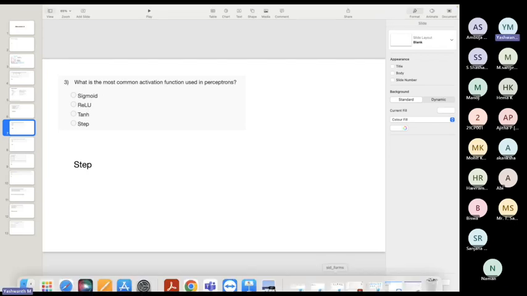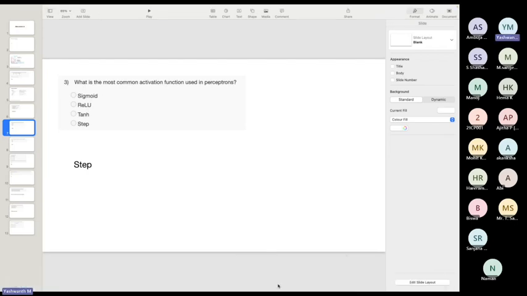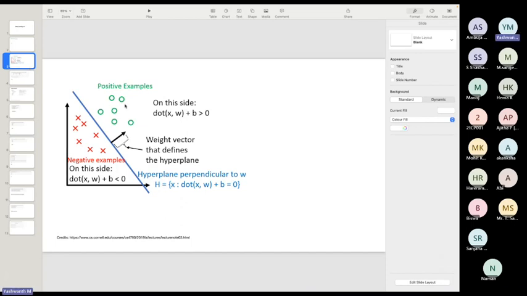Basically the problem is this: all you are given is X, the data, and associated labels. Let us say all these green circles are +1, and all red points are -1.